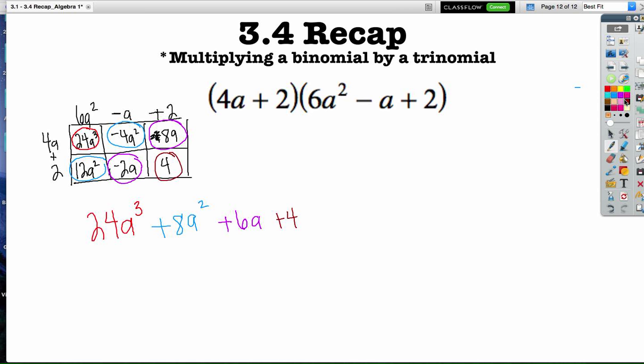We could also use the distributive property as well, where we know that this 4a has to now be multiplied by all three terms in the second parentheses. So that would give me a result of 24a cubed minus 4a squared plus 8a.